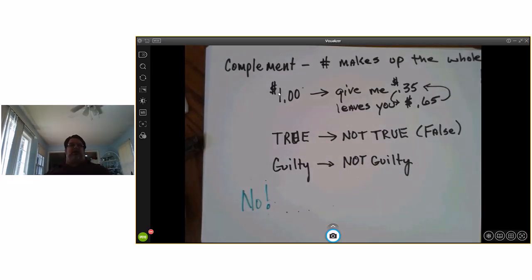That's the only way. So in this case, Mr. Yap would be 100% innocent because he had two alibis. He had cameras and he had the eyewitnesses at Domino's saying that he was innocent. So when you're talking about a complement, you've got to be very careful.